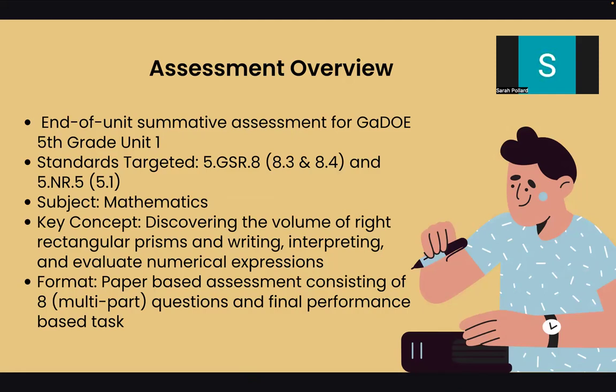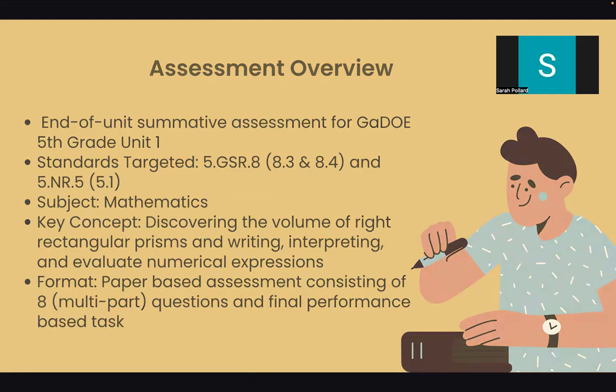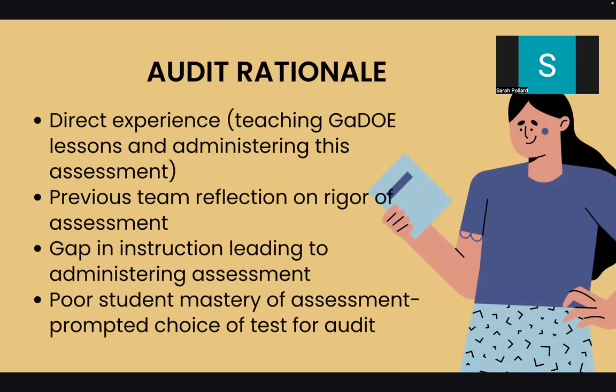All right, so given that basic explanation of the assessment itself, the rationale behind it: I chose this specific assessment because I administered it this past school year after we had implemented the Unit 1 DOE curriculum with fidelity. That was the first year we had done that. And the results were analyzed to determine which questions the kids were answering incorrectly.